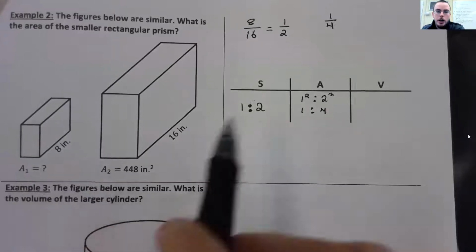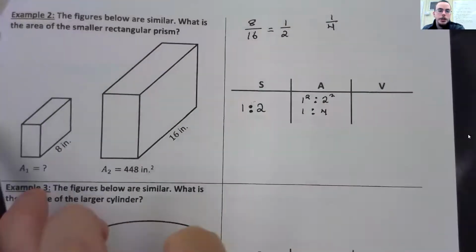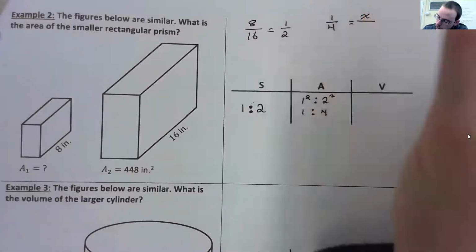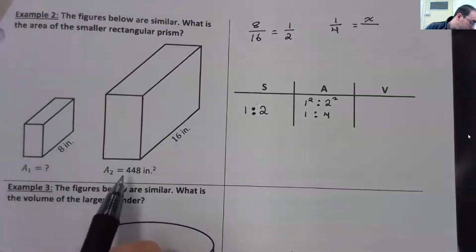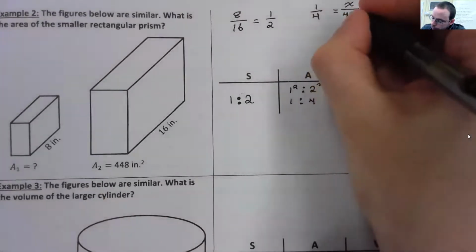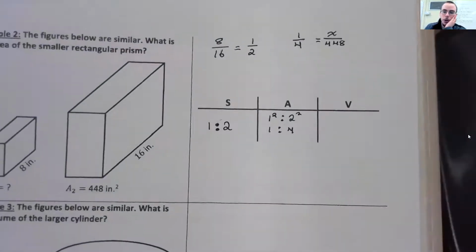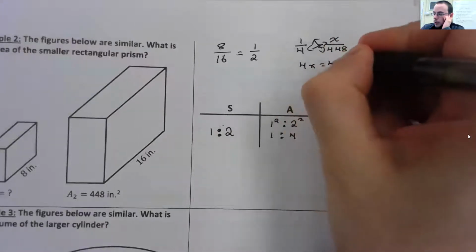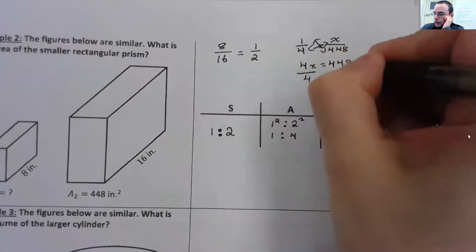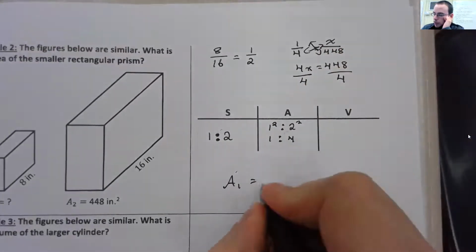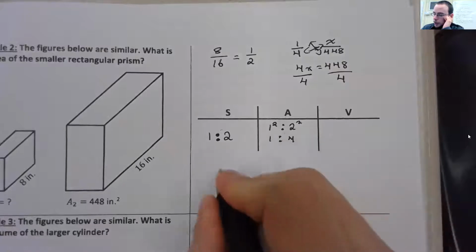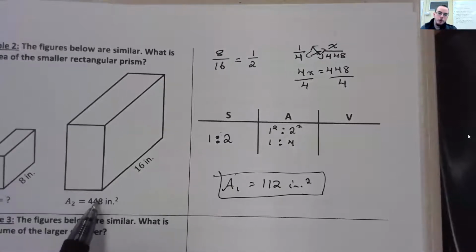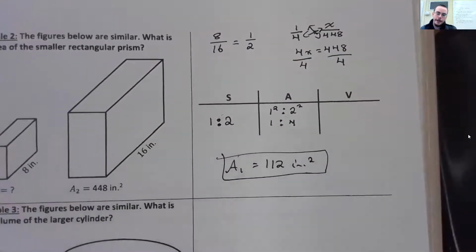The small is on top, so we do the small again. We don't know what that is, so we put an X, and then 448, because that's our large one. How do we solve a proportion? We cross multiply, and you get 4x equals 448. Divide both sides by 4, and you get the area is 112 inches squared. You can verify that by taking 112 and dividing by 448 and getting 1 to 4 again.